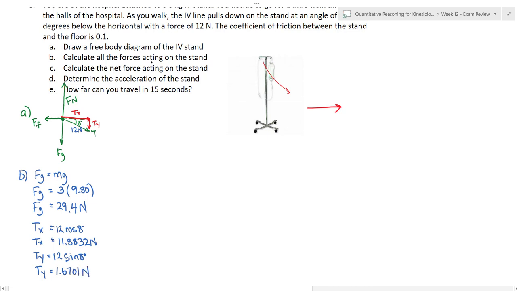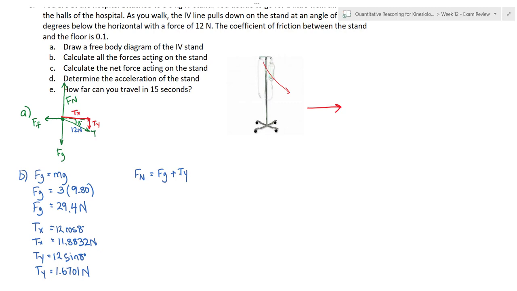Now I know my Tx and my Ty, I should be able to figure out my normal force. My normal force has to cancel out with my force of gravity and my Ty, because there should be no net force in the y direction since the IV stand is not accelerating or even moving in the y direction. So F normal has to equal Fg plus Ty. All the forces that point up have to equal all the forces that point down.